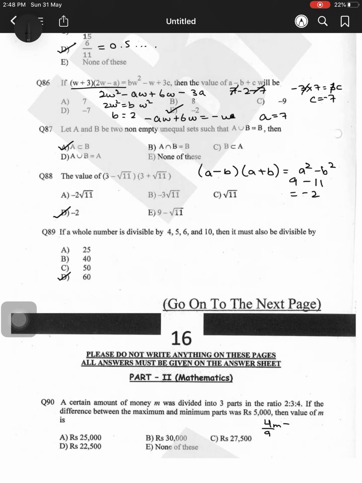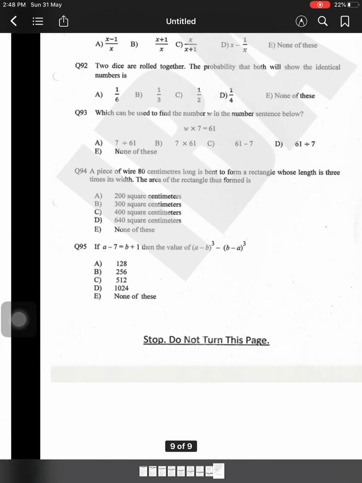Right? Minus, because he's talking about the difference, and 2m upon 9. This is the minimum. This is 5,000. So 2m upon 9 is equal to 5,000. M is supposed to come out as 22,500, which is D.